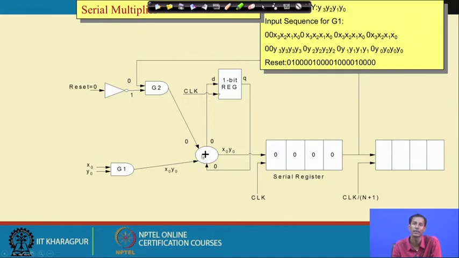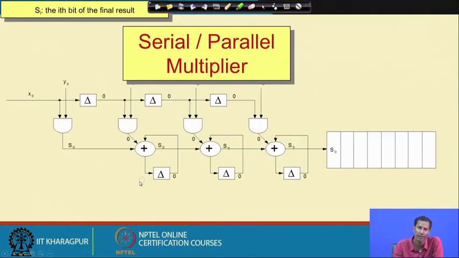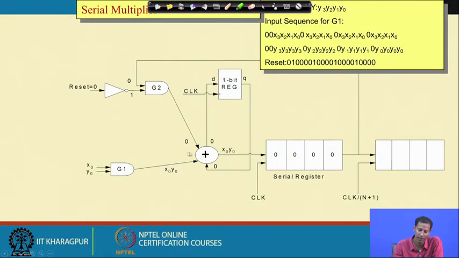But in this case we need an addition operation, because we have to generate each of these partial products using AND gates, and then the corresponding partial products will be added over here and passed through a serial register. This is the serial multiplication architecture.